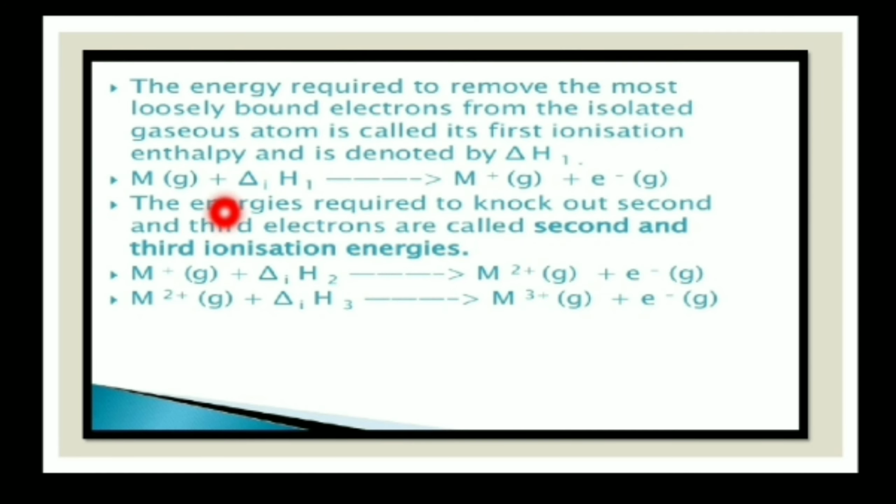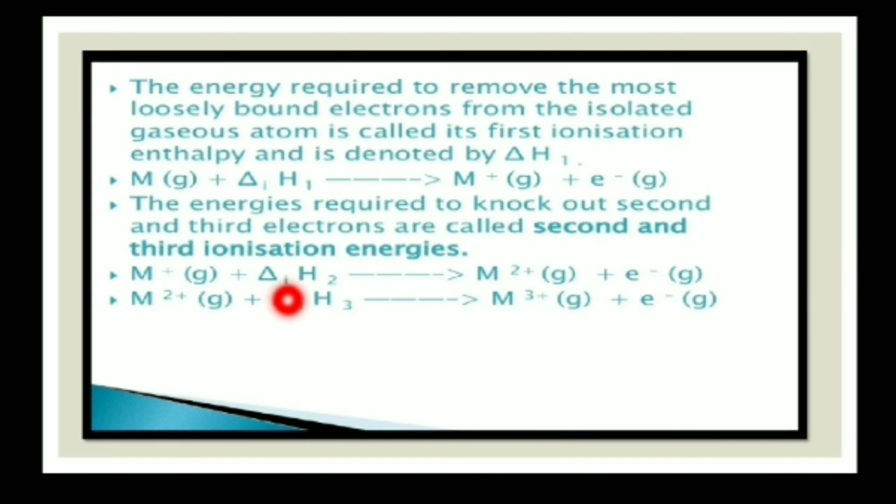Later on, the energies required to knock out the second and the third electrons are called the second and third ionization energies. See here, for the metal cation, removal of an electron needs a higher amount of energy, that is the second ionization energy, which forms the M2 plus ion.